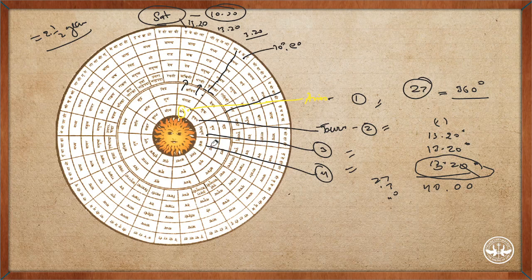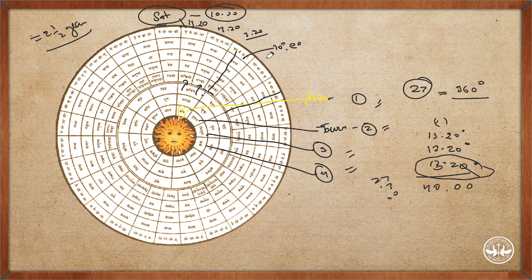You can see it here, like Kark is ruled by Moon, and the nakshatras are Punarvasu, Pushya and Ashlesha. One thing you will come across, this is a very important concept. If you look carefully, at the Mesha starting point, full Ashwini of 13 degree 20 minutes is there, and it is the starting point.